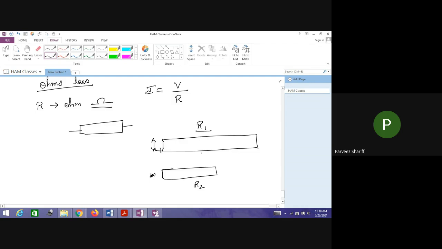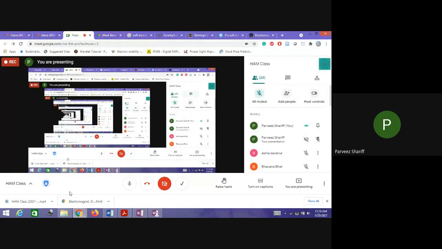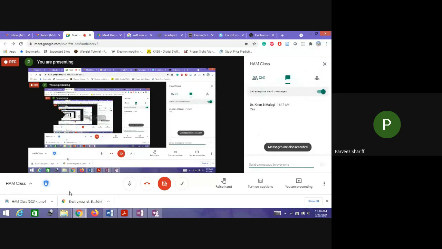What is the resistance of R1 when compared to R2? Which one is greater? As the length of the conductor or metal increases, does the resistance increase or decrease? Guess, you can put across your understanding and type in the chat box.